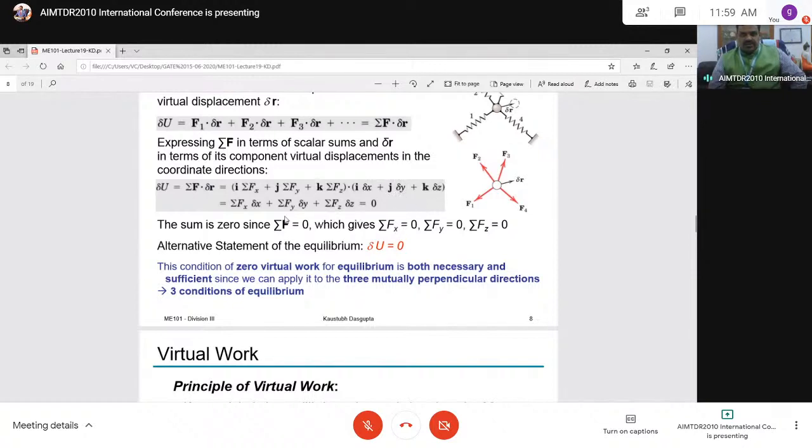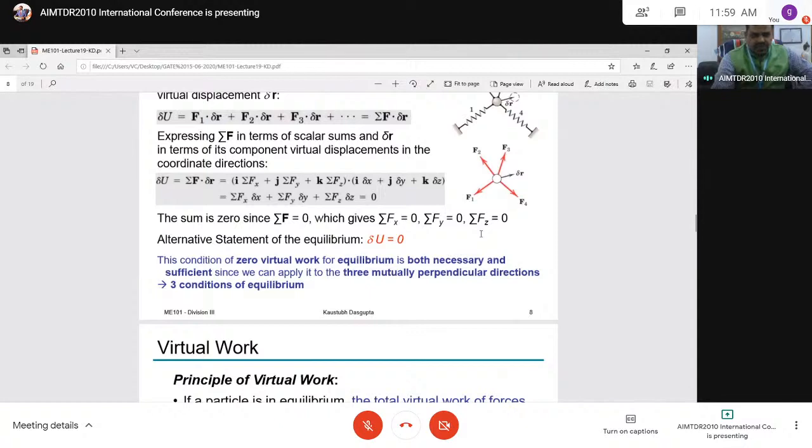Now if you consider that the dot product i dot i is 1, j dot j is 1, by using that you get the sum, and the sum is 0. This condition of zero virtual work for equilibrium is both necessary and sufficient, since we can apply it to three mutually perpendicular directions, giving three conditions of equilibrium: Fx equals 0, Fy equals 0, Fz equals 0.